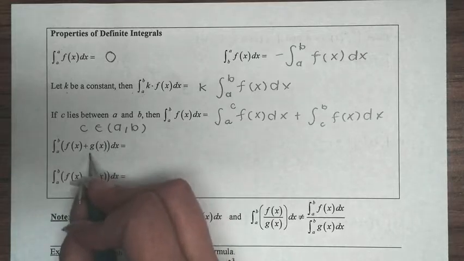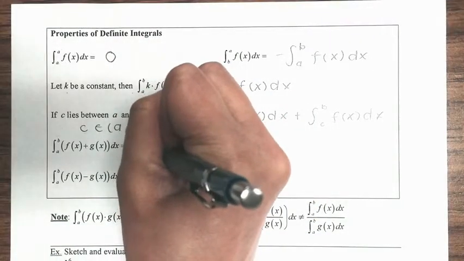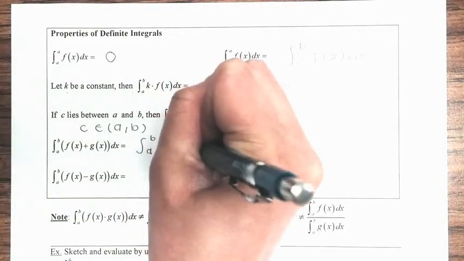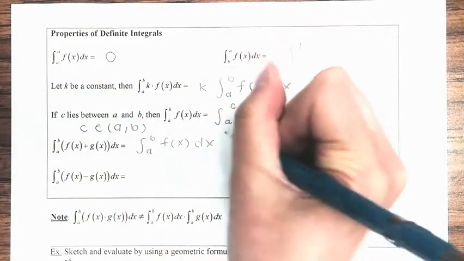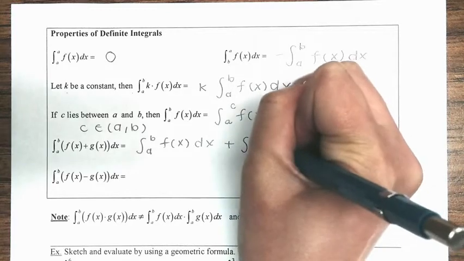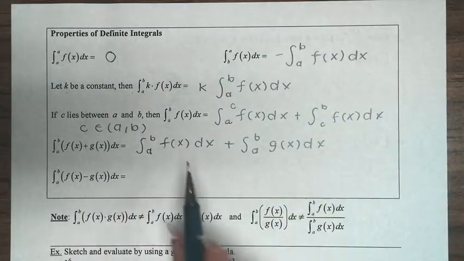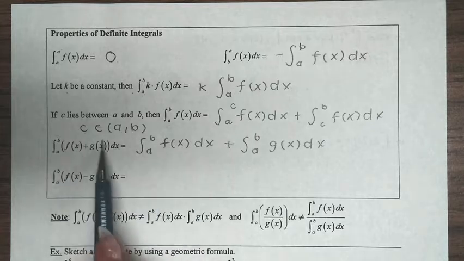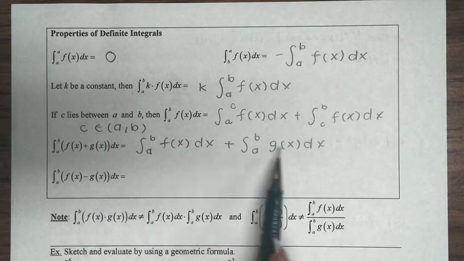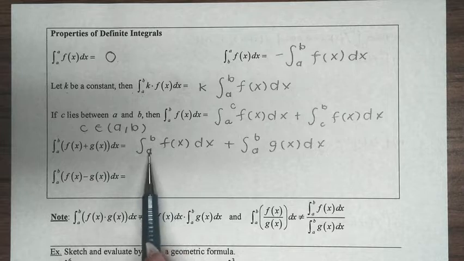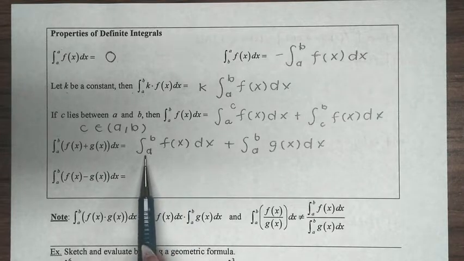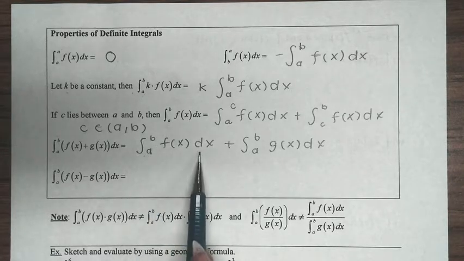The next property is pretty much an addition property. We have the integral from a to b of f of x dx plus the integral from a to b of g of x dx. As you can notice, I broke this integral down into two separate integrals, and we can do this in this situation. Please note that the integral symbol always comes with the dx.